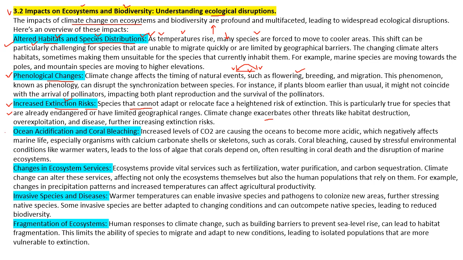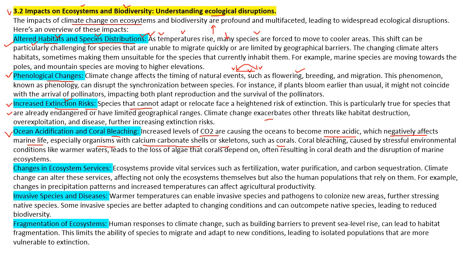Then ocean acidification and coral bleaching. Due to the increase in carbon dioxide gas, it is mixing in the ocean water. So what will be the change? The ocean water will be more acidic and it affects marine life, especially organisms with calcium carbonate shells or skeletons such as corals.